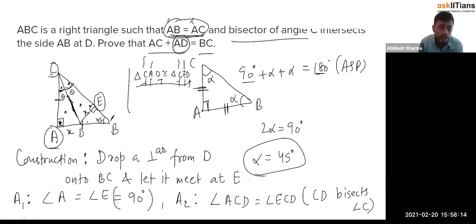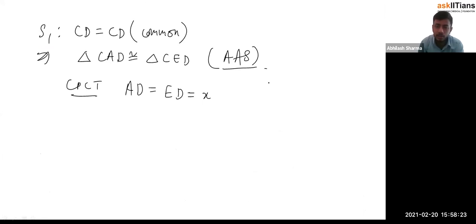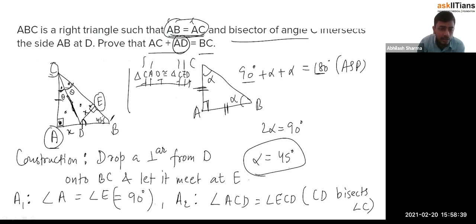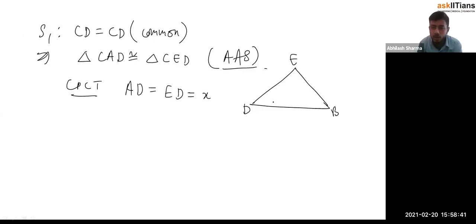Now look, in triangle DEB, how much will this angle be? Look, I will draw a better figure here. Triangle DEB, it looks something like this. Okay, obviously it is already seen that this angle is 90 degree, so I draw that here.